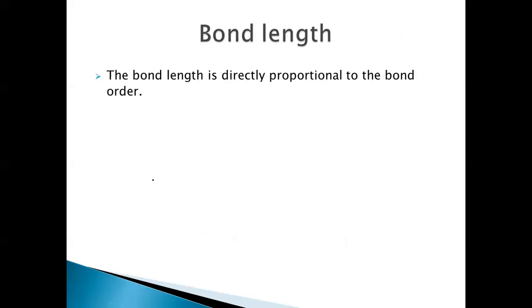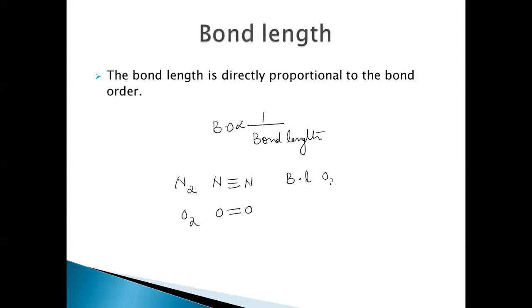Bond length again is inversely proportional to the bond order. Simple. So bond order is inversely proportional to what? Bond length. Right. The more the bond order, for example, N2 here, N triple bond, O2 here, O double bond, the triple bond will have less bond length. So the bond length of oxygen will be more than the bond length of nitrogen, because the bond dissociation energy for nitrogen is more than that for oxygen.